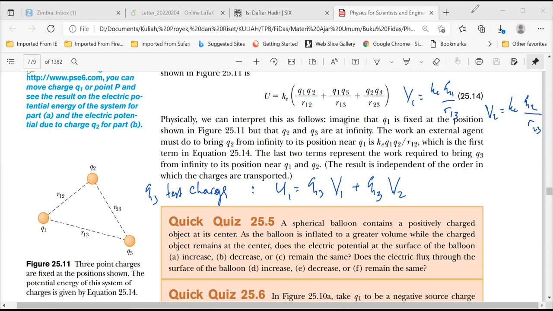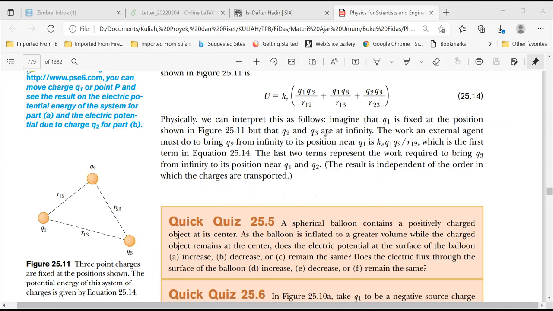What about if the test charge is Q2? Q2 is a test charge. So U2 is Q2 times V1 plus Q2 times V3.